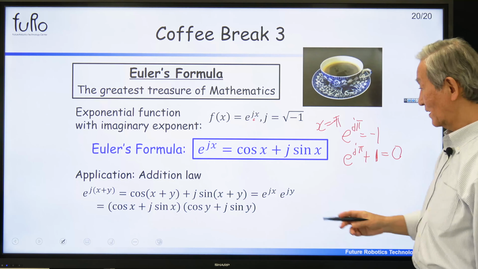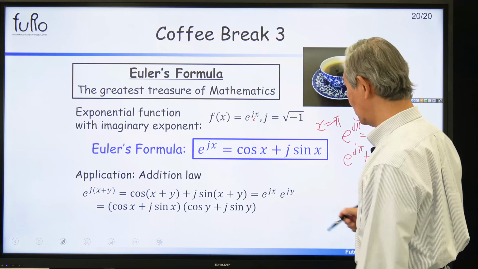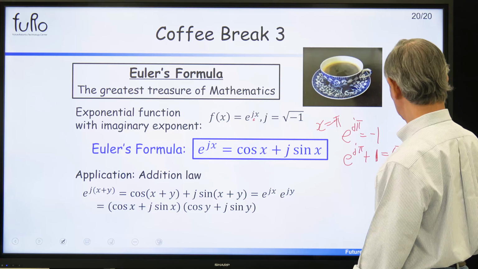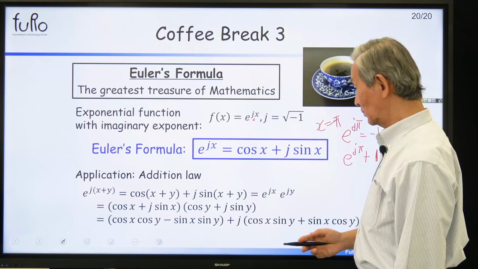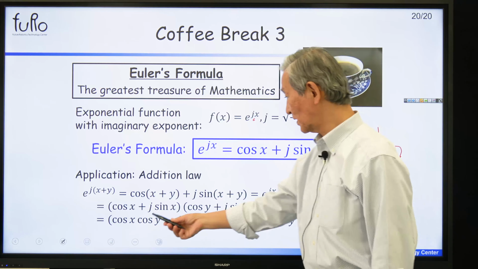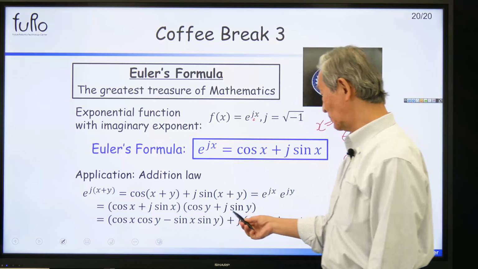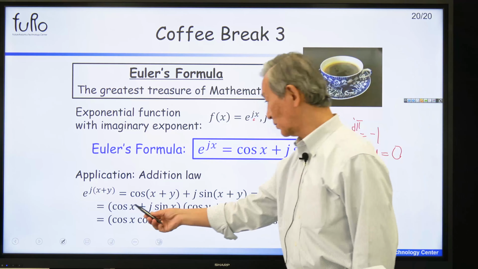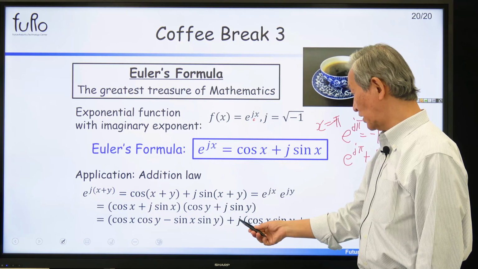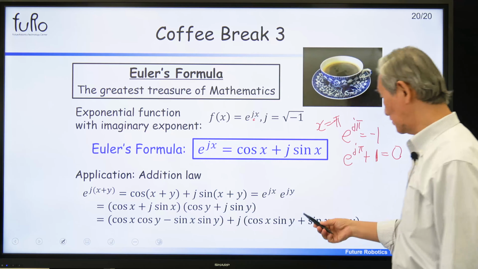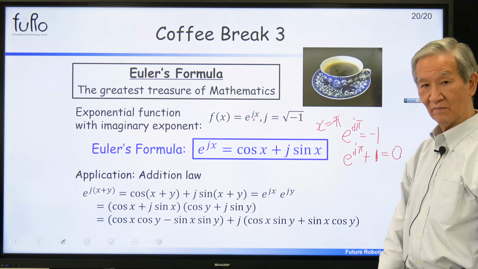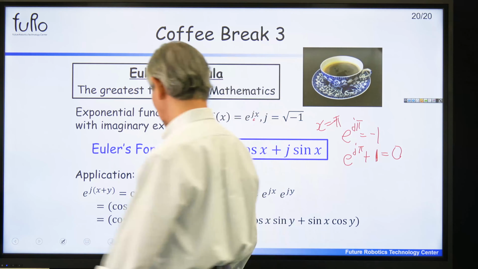And if you use it one more time, we have this, and we just multiply them out. Cosine times cosine minus sine times sine, since j squared is minus 1. And cosine times sine j, and sine times cosine j. So, this is the result.